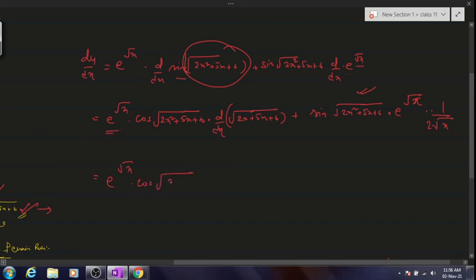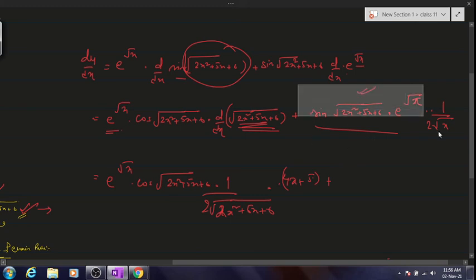Cos root over 2x plus 5x plus 6 remains as it is, and this one differentiation we just now have done, it's 1 by 2 root, sorry, this is a square out here, 2x square plus 5x plus 6 as it is, and then differentiation of the entire quantity which we have taken as x, which is 4x plus 5, and this thing will be copied down here as it is.